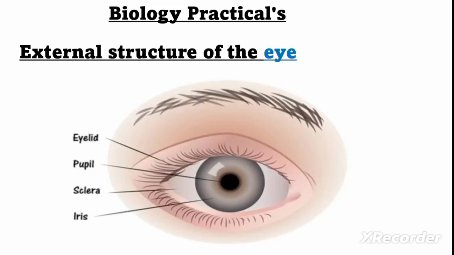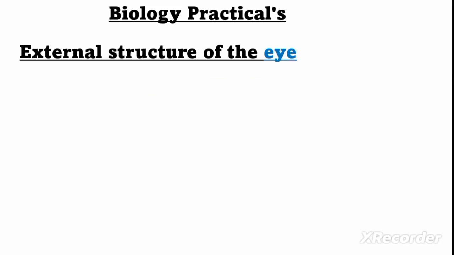These are structures found outside the eye. So we can see eyelid, we can see pupil, we can see sclera, we can see iris. So these are some of the structures we'll be looking at.